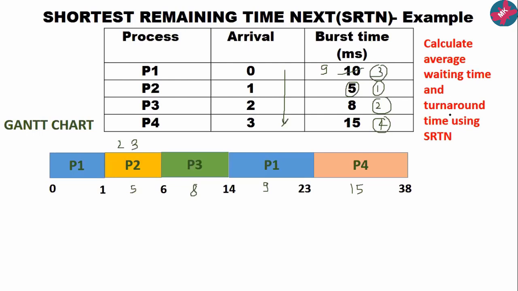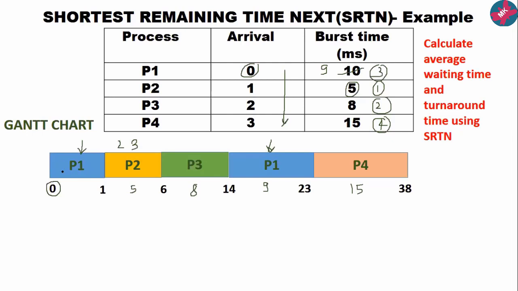Now first, let us calculate the waiting time for each process, and then we will calculate the turnaround time. Observe here how the waiting time of the first process P1 is calculated. This P1 was executed twice in the system, so at both times its waiting time has to be calculated, isn't it? First, when P1 came, its execution started at 0, it entered at 0. So first will be 0 minus 0.